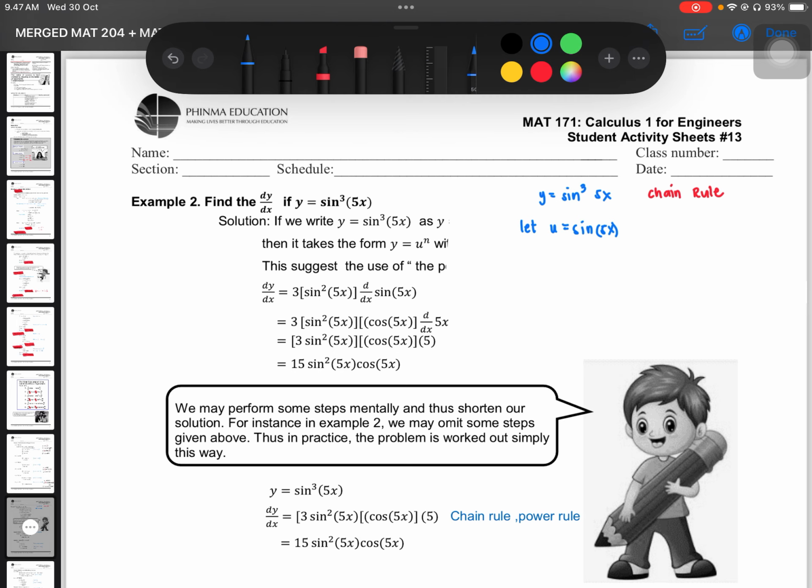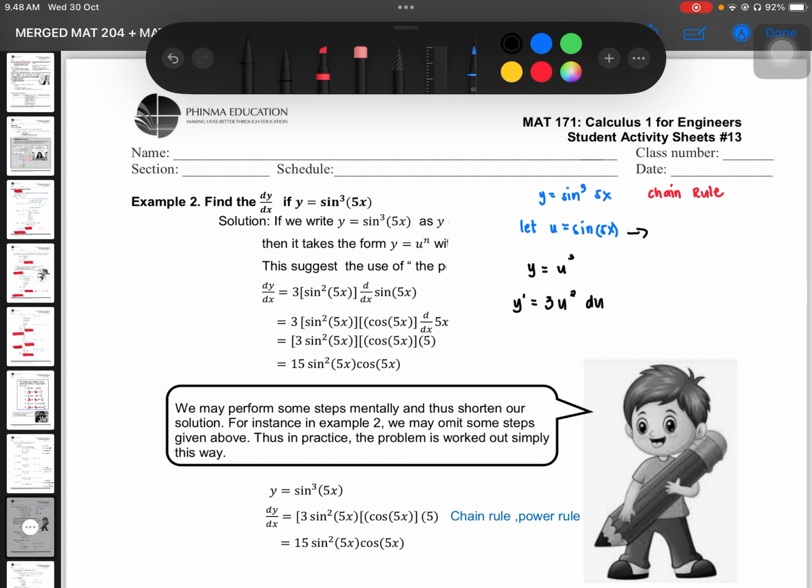So, ibig sabihin, kapag sinulat natin yan, magkakaroon tayo ng y is equal to u cube. Tama? Okay, u cube. And then, ang gagawin natin ngayon dyan is to use the derivative. So, we have y prime is equal to yung ating n, okay, yung exponent natin na n which is 3, ibaba. And then, yung u isulat. Bawasan natin ng isa yung ating exponent. Then, derivative ng u. Okay. So, now, balikan natin si u.